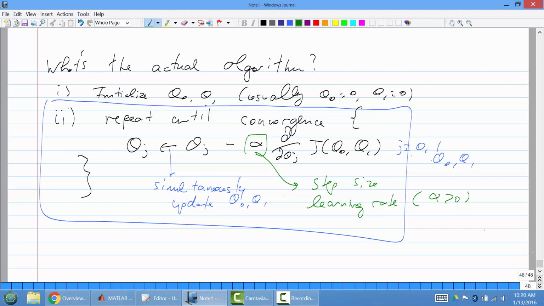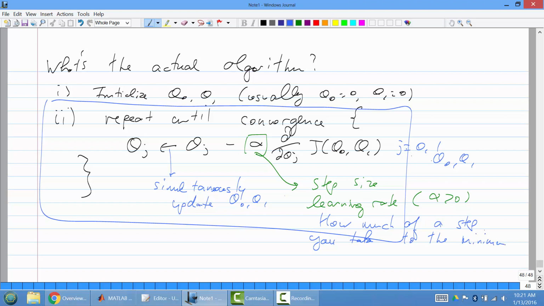This is the step size, or the learning rate, and this is basically telling you how much of a step you need to take in the right direction. If the learning rate is large, that means you're going to take a very large jump towards the right direction. If the learning rate is small, you're going to take a little baby step. So this controls how much of a step you're going to take in the direction towards the minimum.